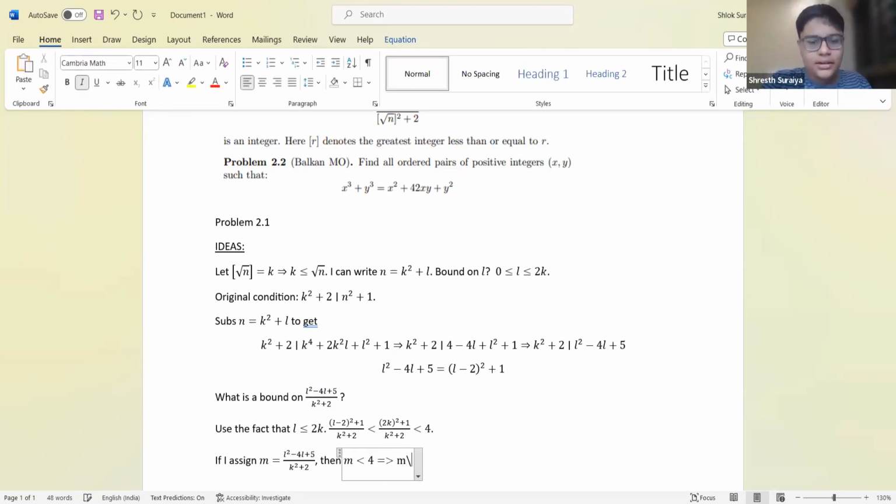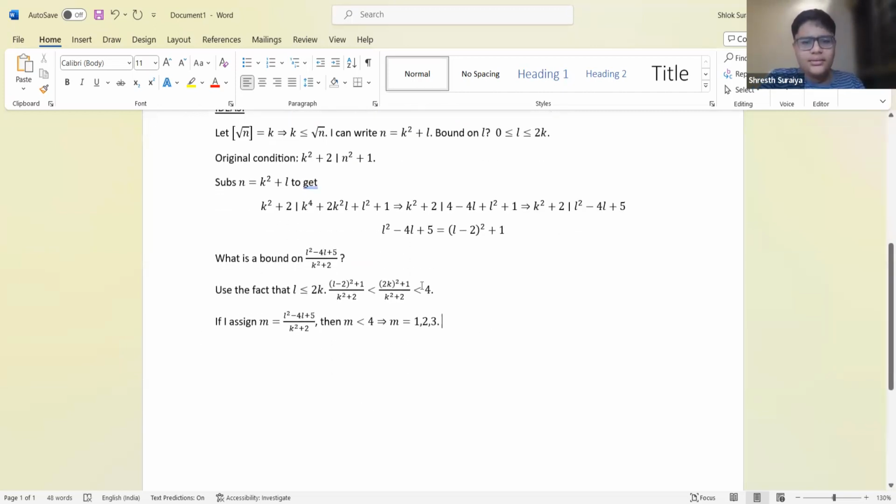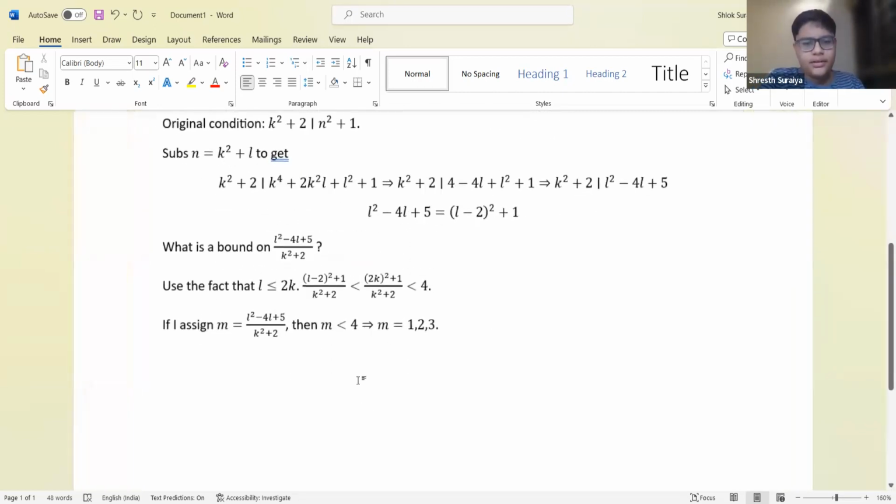I can say that m equals either 1, 2 or 3, because m has to be natural, as numerator and denominator are both always positive. Since it's an integer, it can be only 1, 2 and 3. After this it's very simple.